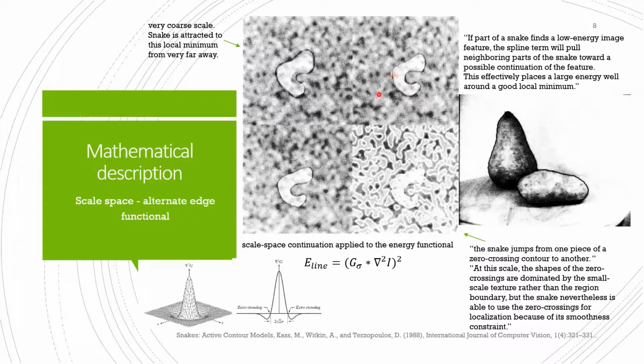In a very coarse scale, the snake is attracted to this local minima from very far away, because if we are blurring an image heavily, then if there is a very strong edge, its effect will flow far beyond the edge position.